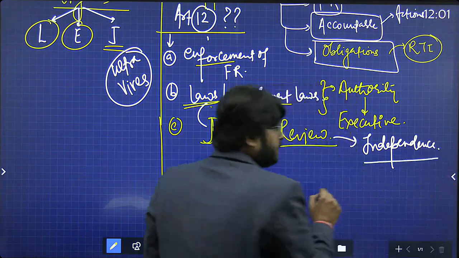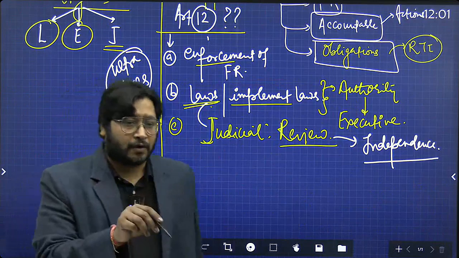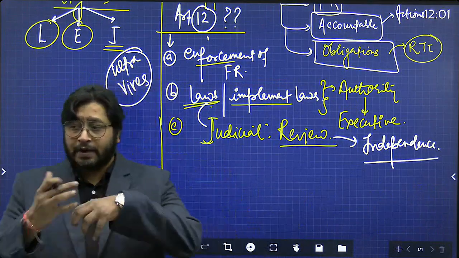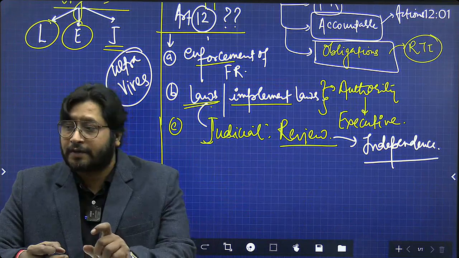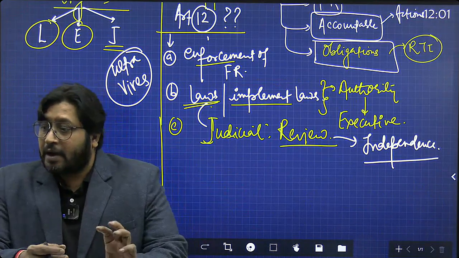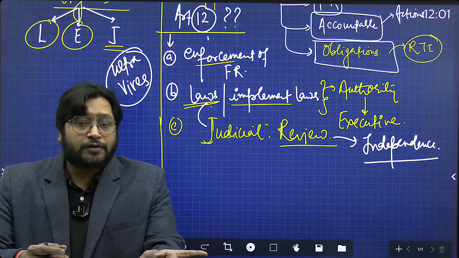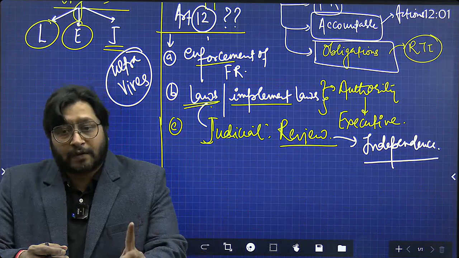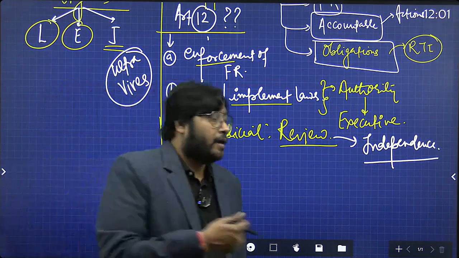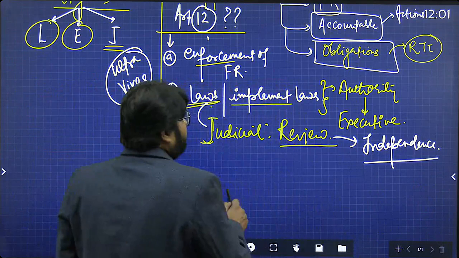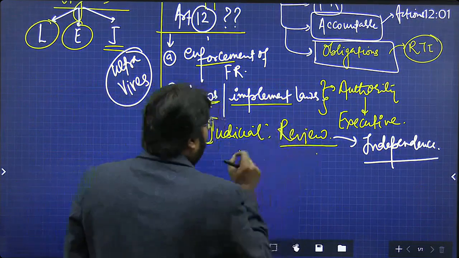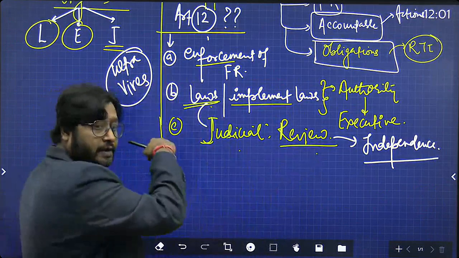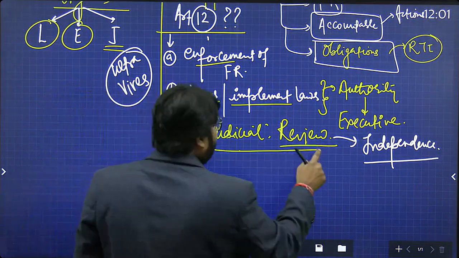So when state is defined in general, judiciary is part of that. When state is defined specifically with respect to the rights of the citizens, with respect to the obligations of the state, right? That is why there we don't define judiciary, even though judiciary is also part of the state, right? Now, judicial review may not be possible if it is part of the state, right? So we use it separately, right?